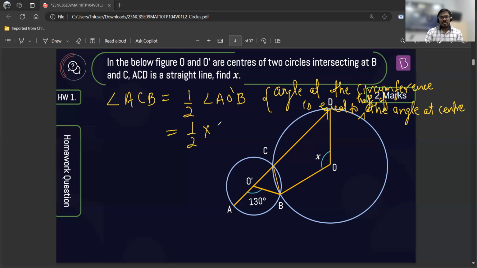That is half of 130, which gives you 65. This is the angle ACB.